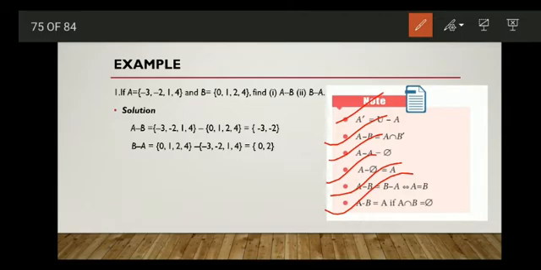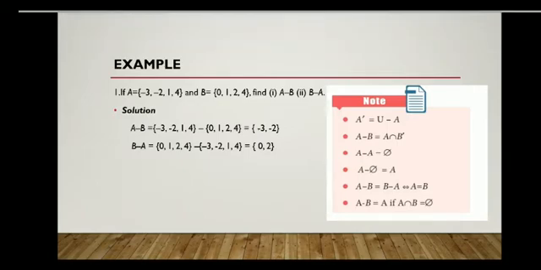That is, A and B are disjoint sets. Okay. So A difference B means the difference of two sets A and B, the collection of elements in A which are not in set B.